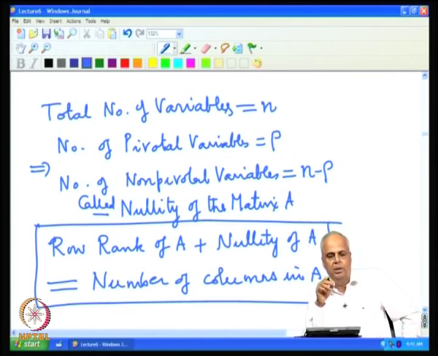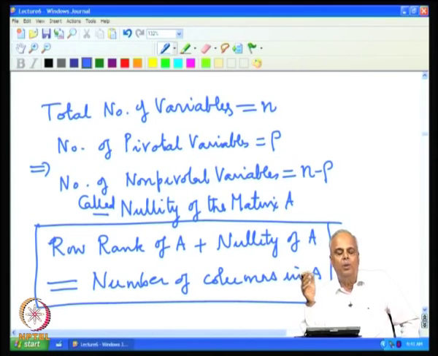Looked at from the homogeneous system of equations point of view, we talk the variables language: the number of pivotal variables plus the number of non-pivotal variables is equal to the total number of variables. Purely from the matrix point of view, we say that the row rank of the matrix A plus the nullity of the matrix A is equal to the total number of columns in the matrix A.